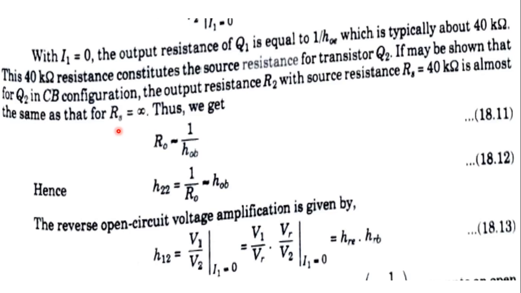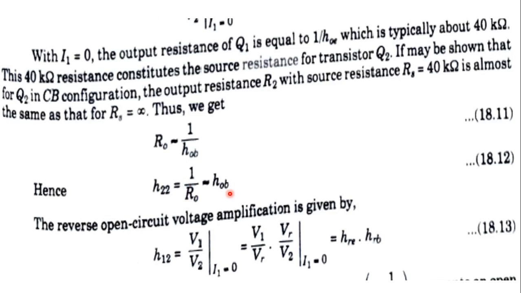And we get the value of R0 equal to 1 by HOB. HOB is again the output conductance, and the inverse of HOB becomes the output resistance, and hence H22 is equal to 1 by RO, that is equal to HOB.